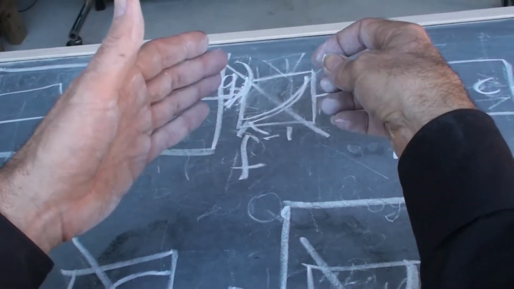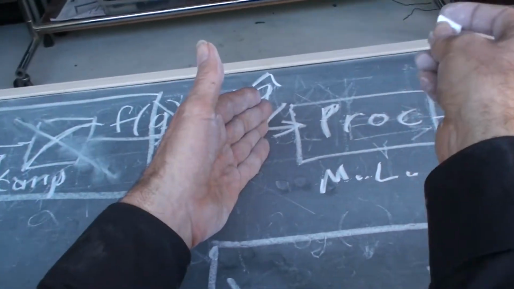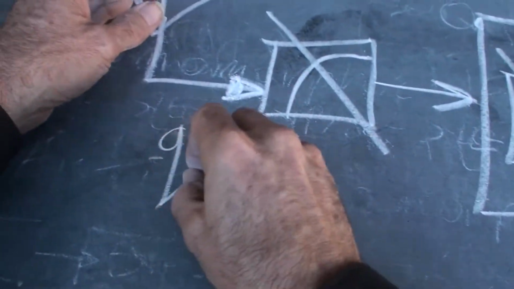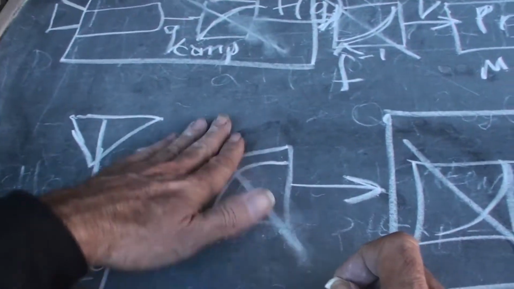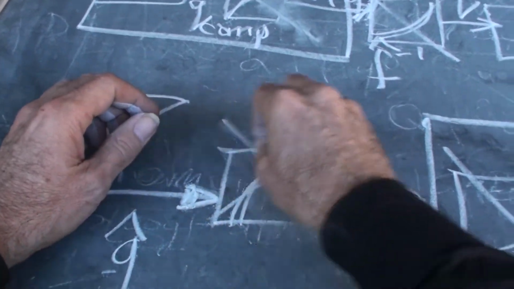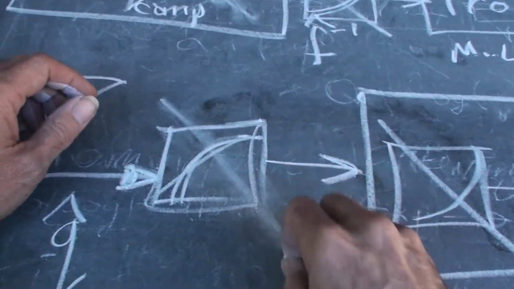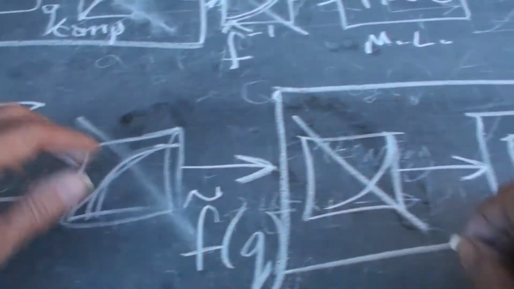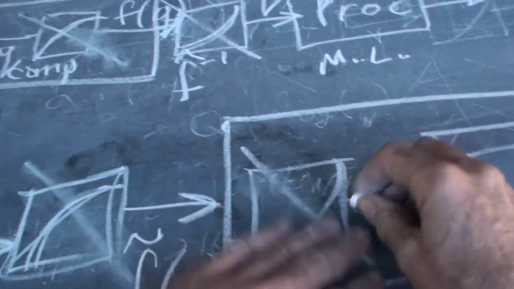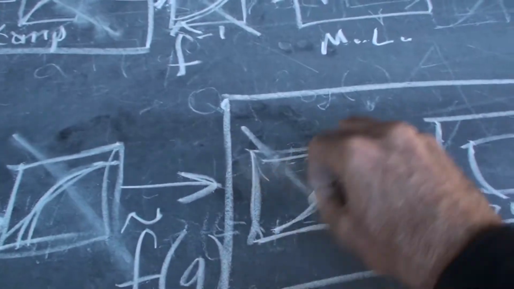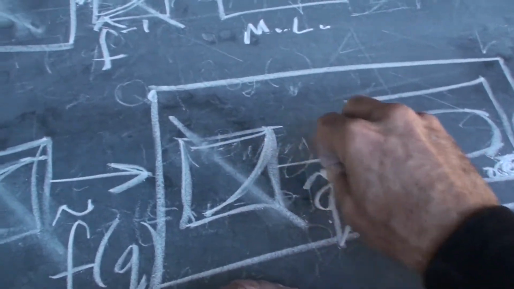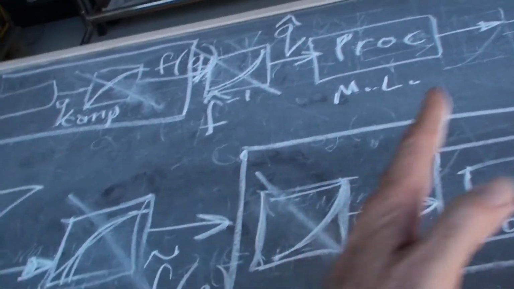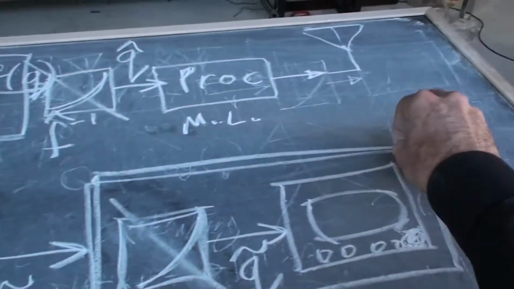Now you apply an estimate of f inverse to get q hat, an estimate of q. Then we're going to put another response, a compressor here, and then we're back to f of q, or some say f tilde of q. And over here we've got this value, we'll call this q tilde, which is after the compression in the display, and that's what's actually being displayed by this whole display mechanism.